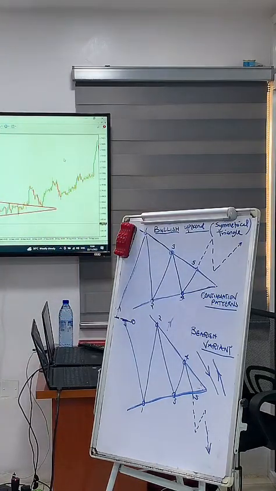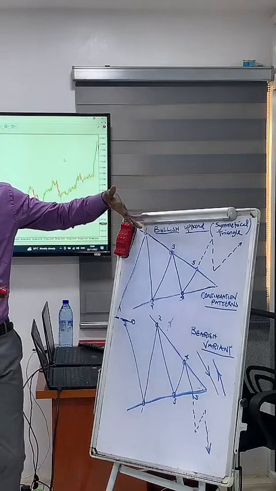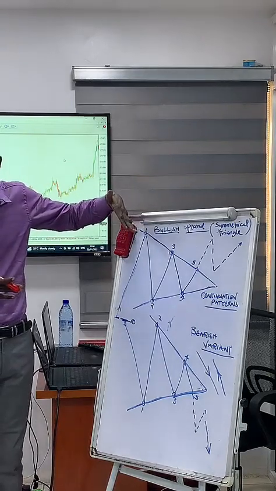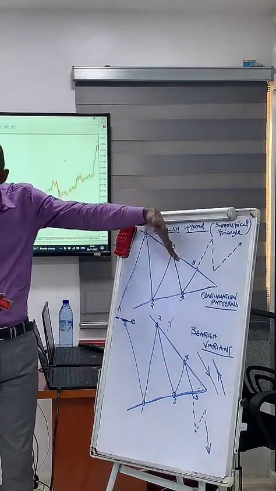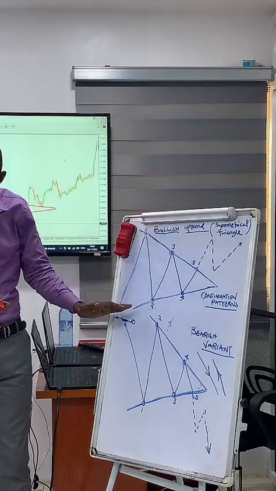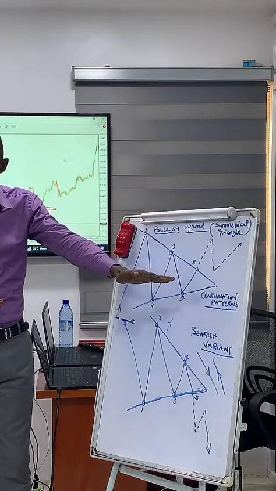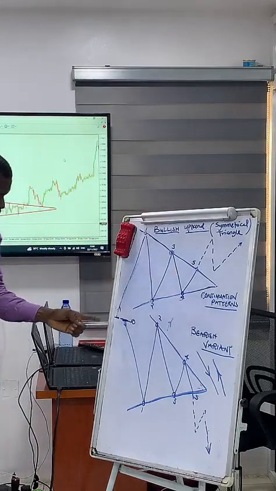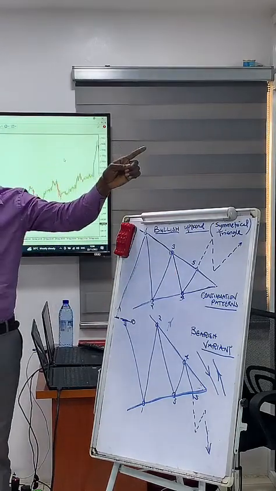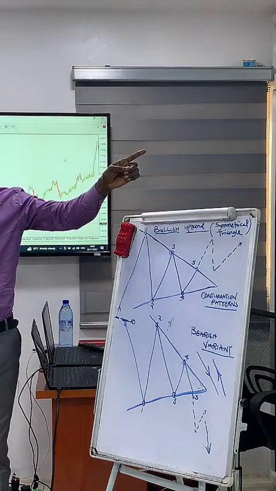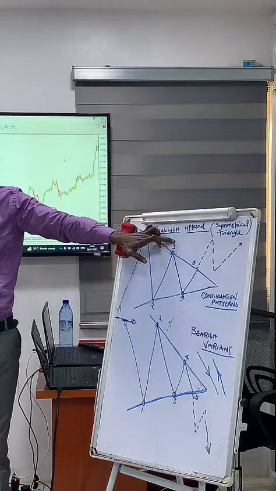So we are saying that the structure of a symmetrical triangle is that it gives us lower highs, but what? Higher lows. For the case of an uptrend, for the bullish variant.